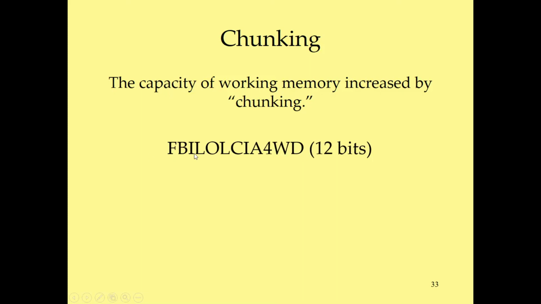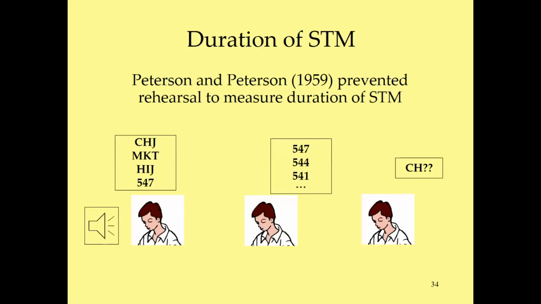You could remember those 4 chunks and keep them in your working or short-term memory, and thereby actually expand it to 12 bits of information. So there are some tricks you can do to expand its capacity. Now, how long does information stay in short-term or working memory?